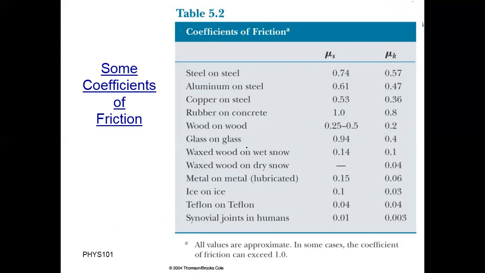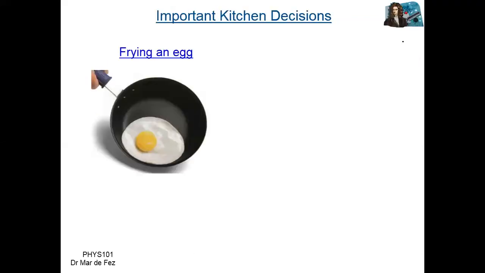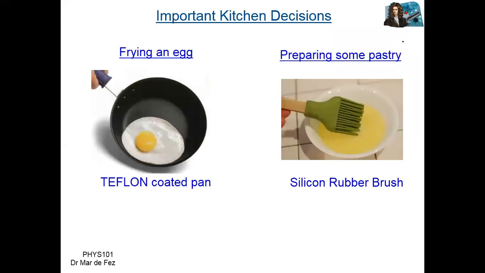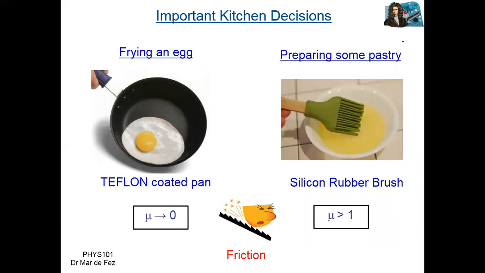When glass moves on another glass body, you can see their ranges. These are values for the coefficient of friction. One is the coefficient of static friction, and the other is the coefficient of kinetic friction. You can see the coefficient values.